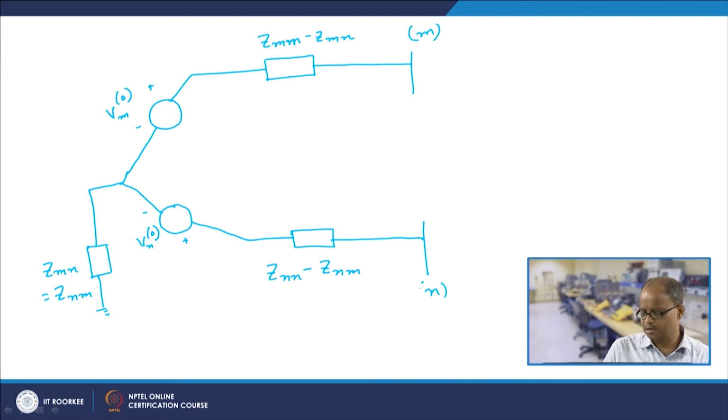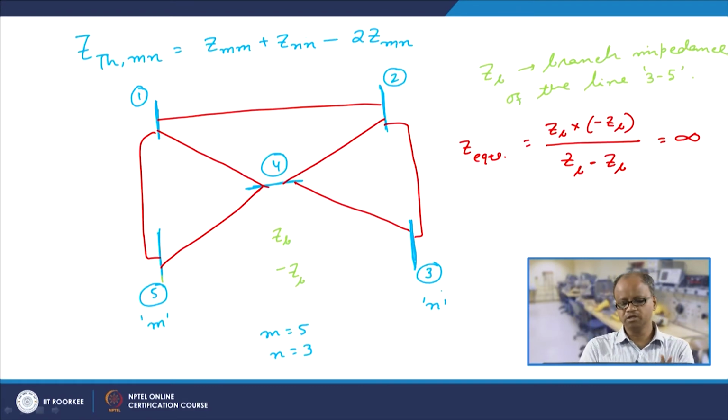Please note that this Thevenin equivalent circuit is the equivalent circuit of the original network, in which the original line between bus m and n is already existing. Now, I want to add another line in parallel between bus 5 and 3.